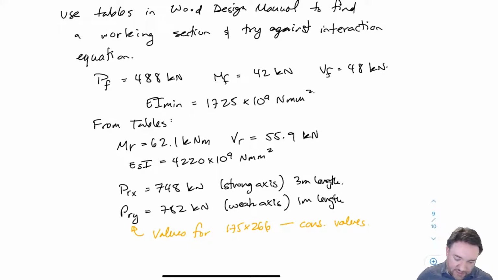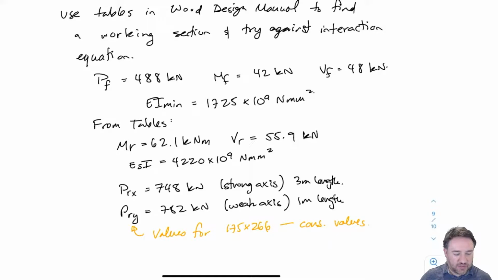Okay, fantastic. So now, before I go any further, before I go and check all these moment resistances, shear resistance, and include consideration of shear notch and all that stuff, what I want to do as a first step here is to just use these values from the table, which are conservative values.